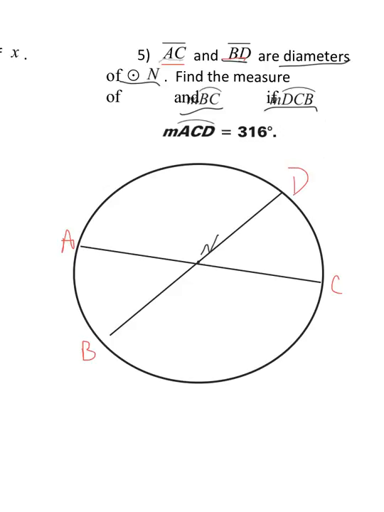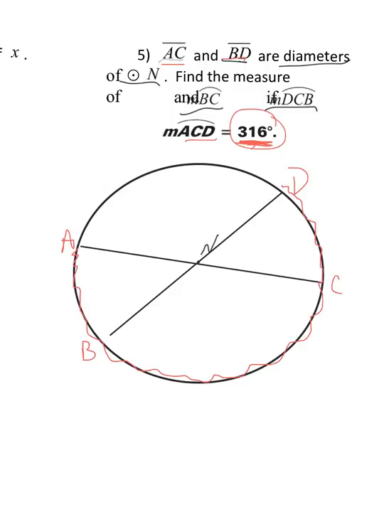After that, the only other clue they give me is this right here, this 316. So what they're saying is that from A to C to D, so A all the way to C up to D, is 316. Now, my picture is clearly not drawn to scale, but that's okay. I've got to figure out what else I know about my picture here.